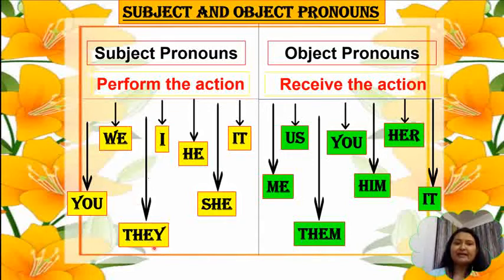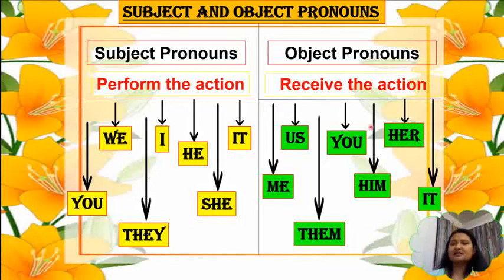Now let's see some subject pronouns. You, we, they, I, he, it, she. These are some of the subject pronouns which we will find in sentences which will be performing the action in a sentence. Okay, they are the doers. They do the action in a sentence. You, we, I, he, it, she, and they. Okay, next object pronouns: me, us, you, her, him, them, it.